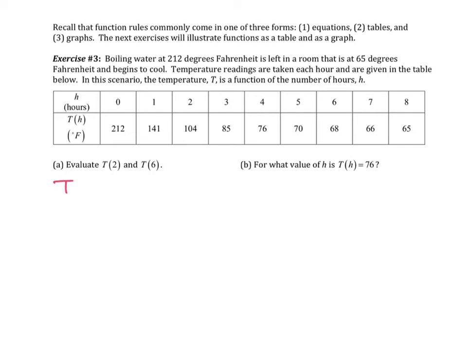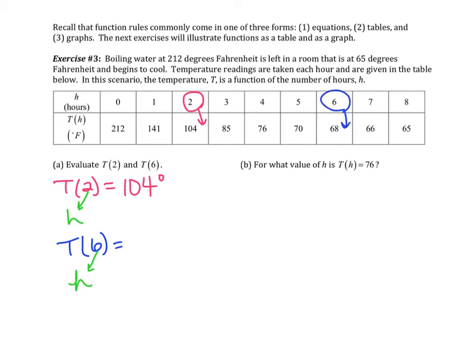If I'm asked to evaluate T of 2, remember 2 is my input, which in this case is my hours. So what is the temperature after 2 hours? The temperature after 2 hours is 104 degrees. Okay, what about T of 6? Same thing. 6 is again our input, which is h hours. And so the temperature after 6 hours is 68 degrees.